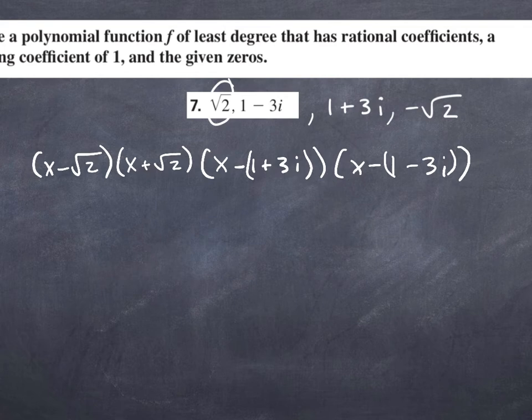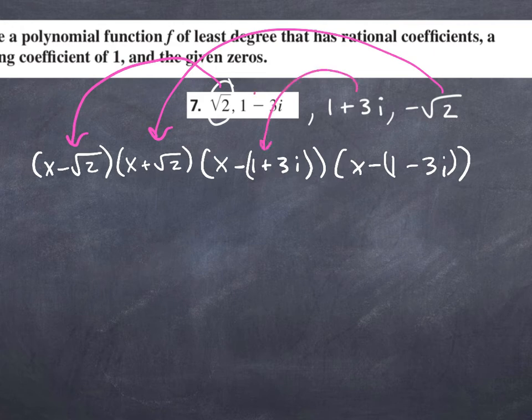So I wrote them a little out of order, but this one went with this one, and this one went here, and this one went here. You can write them however you want. For me, I like to put the ones that go together, the ones that are conjugates with each other together. So that's why I wrote the square root 2's first.